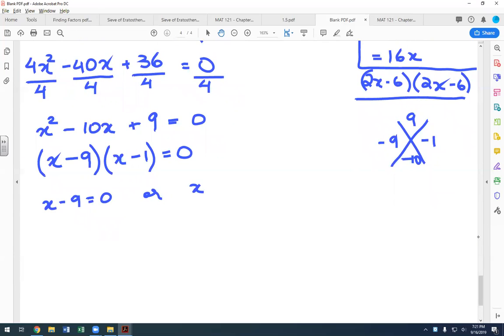Set each one of them to 0, just like we did previously with the zero factor property. You'll get x equals positive 9 or x equals positive 1, and then we still got to check for our extraneous solutions and see what happens.